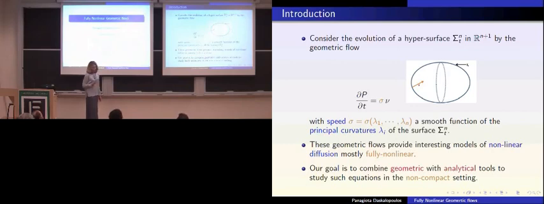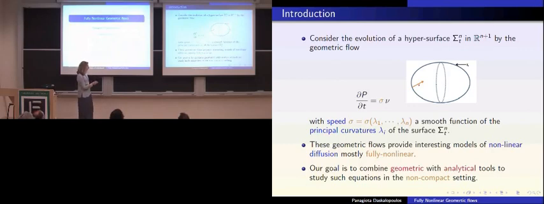From the PDE point of view, these geometric flows provide interesting models of nonlinear equations, and sometimes we attack them with pure PDE techniques, but sometimes a little bit of geometry helps in the calculation and the outcome.